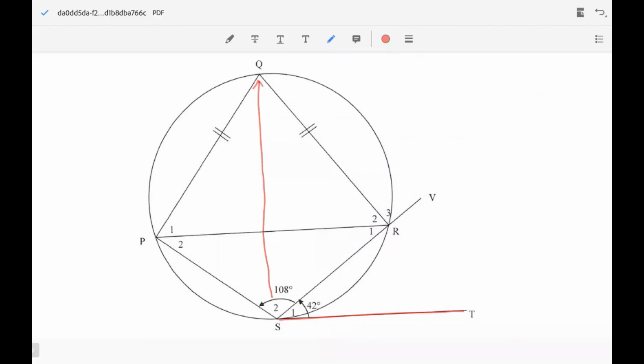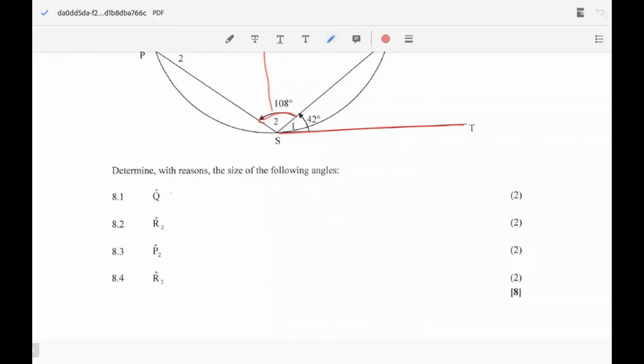And since we are dealing with a cyclic quadrilateral, our S2, which is 108, plus angle Q must give us 180. So definitely that makes angle Q 72 degrees. So the size of angle Q is 72 degrees, and the reason is opposite angles of a cyclic quad.